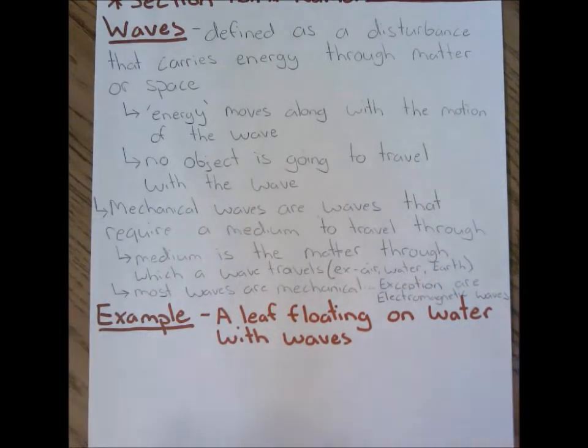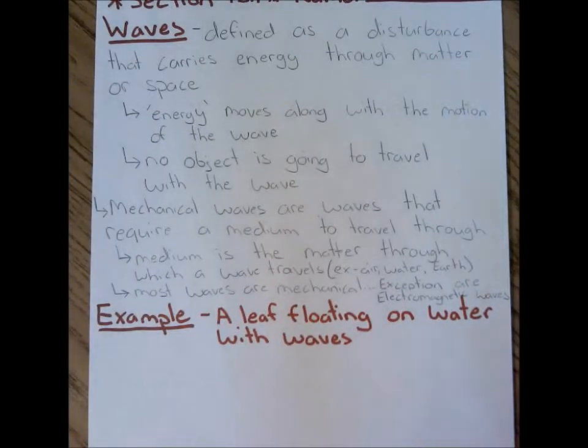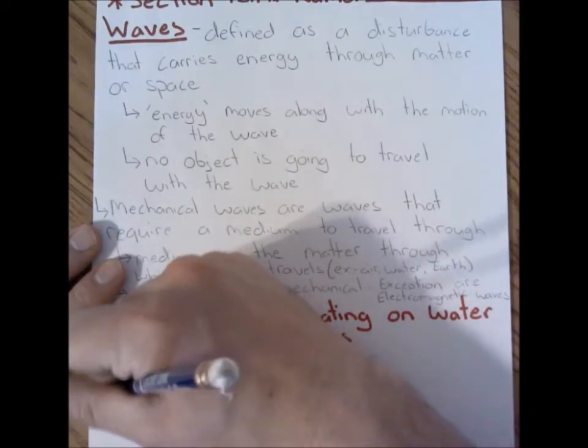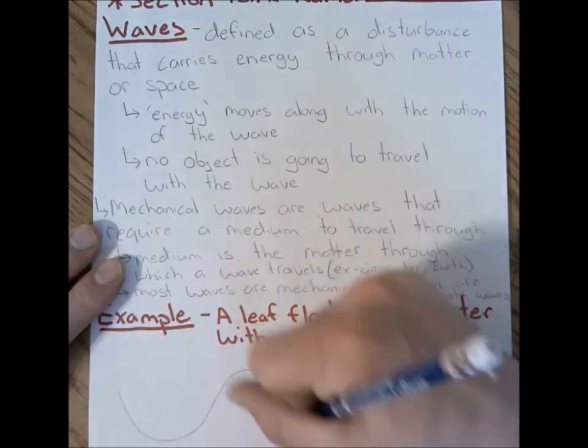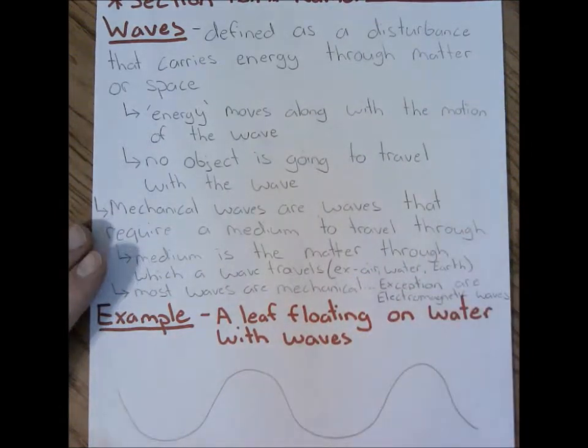So now we have an idea of how we can look at waves and how we can talk about waves in terms of this energy. We have a simple ocean wave, and what I'm going to draw with my pencil here is an ocean wave.